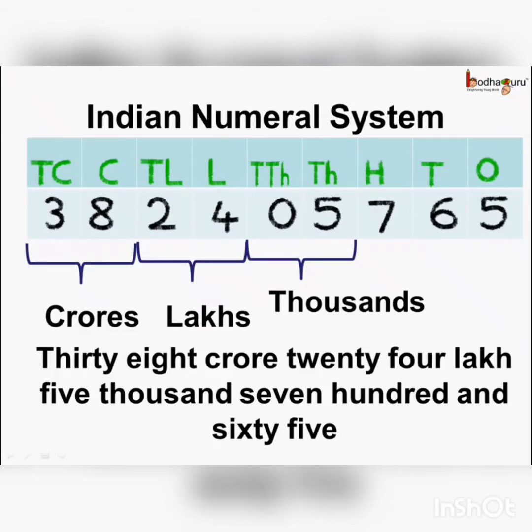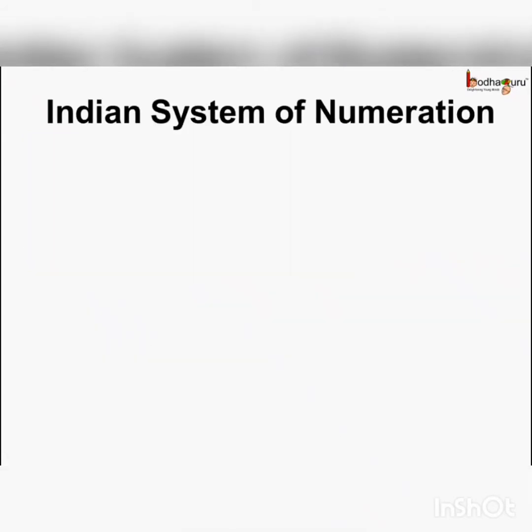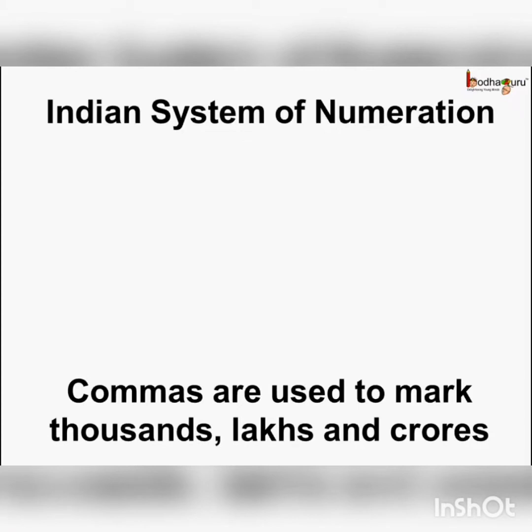You know, in the Indian system of numeration, we use commas to mark thousands, lakhs and crores. So, a comma is used to mark how many thousands are there, how many lakhs are there and how many crores are there. Let us see this with an example. Where does the first comma come?